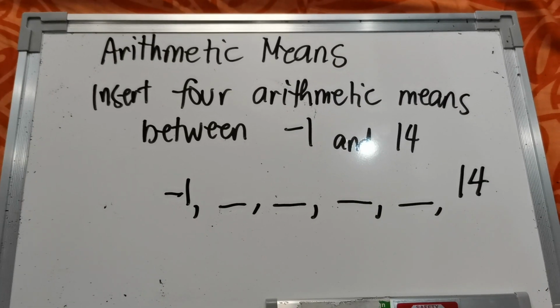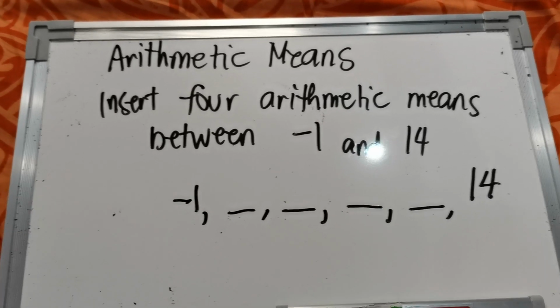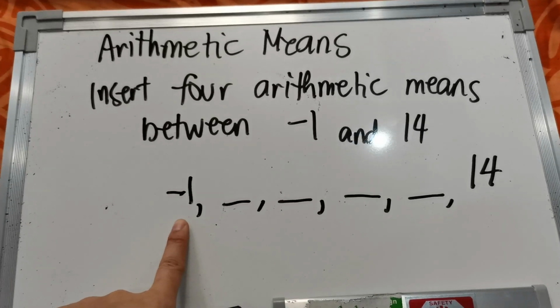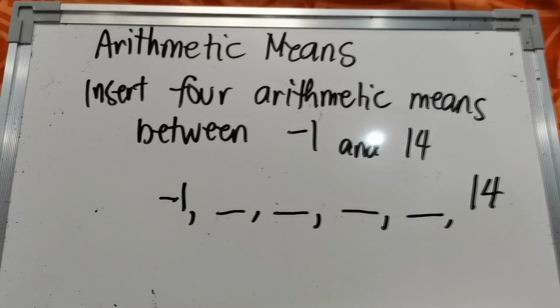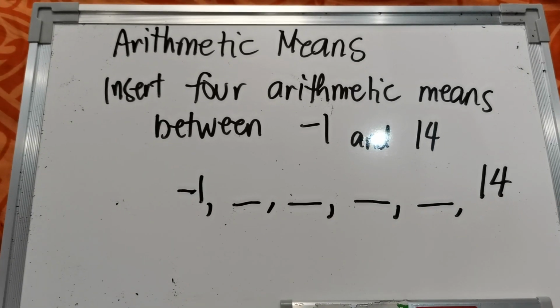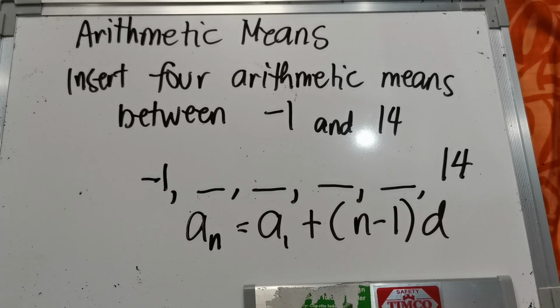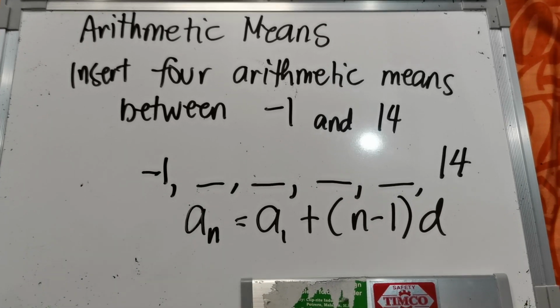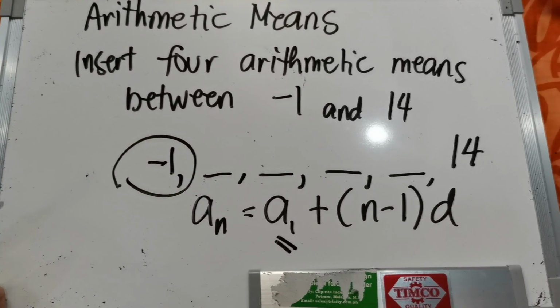So we have here 6 terms in our arithmetic sequence, wherein the first term is negative 1 and the last term is 14. Now, how are we going to find the 4 arithmetic means? So dito, magde-derive lang tayo. Kasi meron na tayong first term which is negative 1.